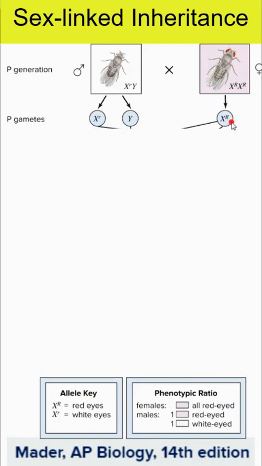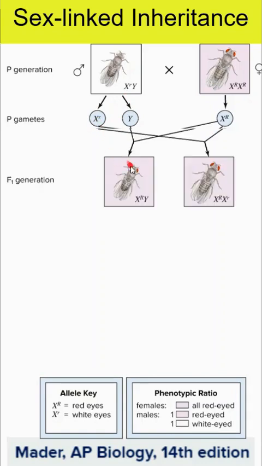They are going to pass on their gametes, and again, the female can only pass on an X, and both of the X's contain the dominant red eye allele. In this one, again, dad could pass on an X, creating a female offspring, or could pass on the Y, but the eye color is only tied to the X.